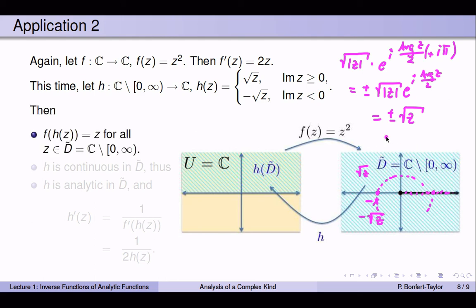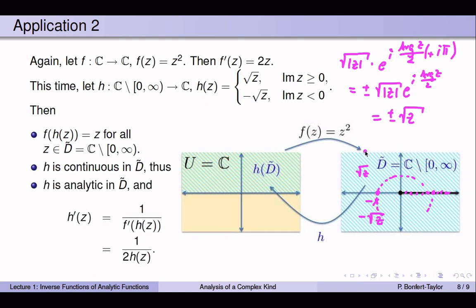Again, if I square either of those values, square root of z or minus square root of z, I get z. So f of h of z is z for all z in the plane minus the positive real axis. H is continuous in this new domain, and therefore by the theorem this function h is also analytic in d tilde, in this plane minus the positive real axis, and its derivative is 1 over f prime of h of z, which is 1 over 2 h of z.